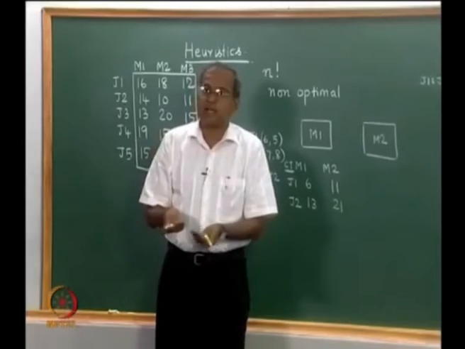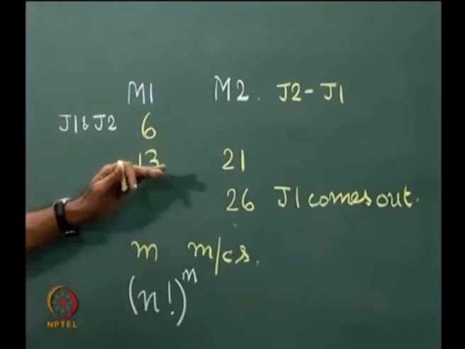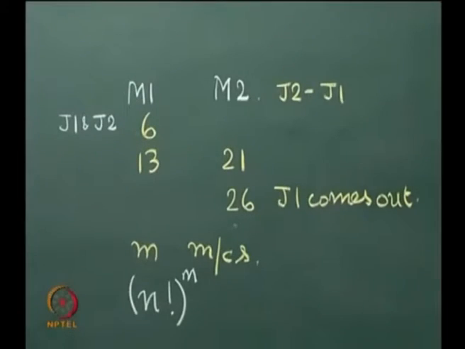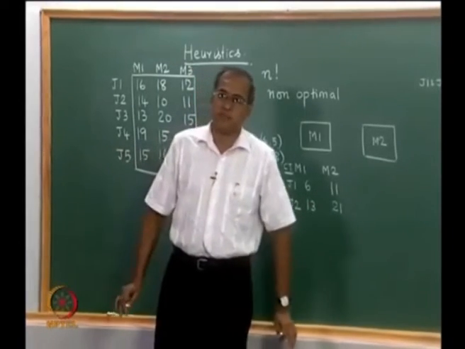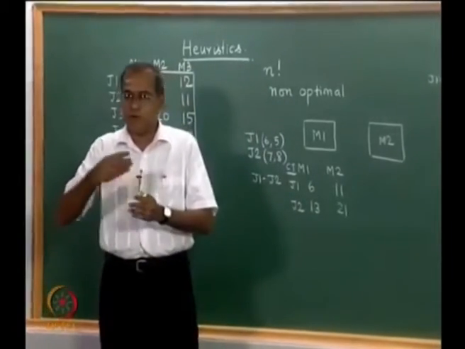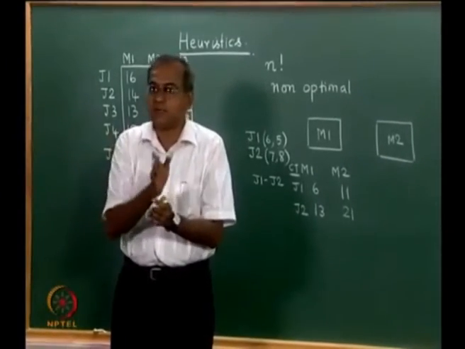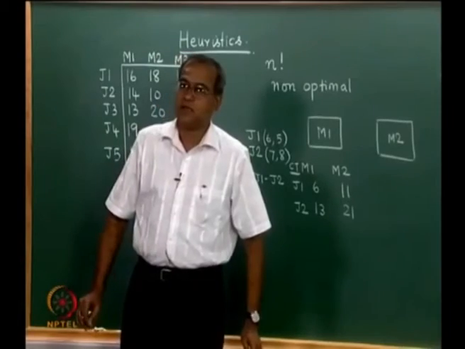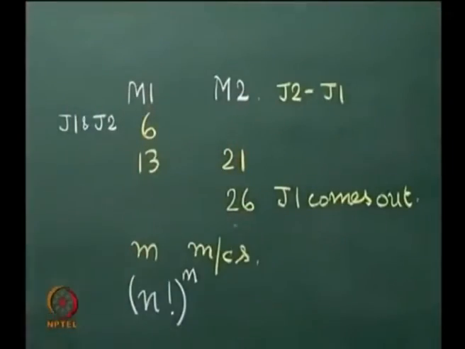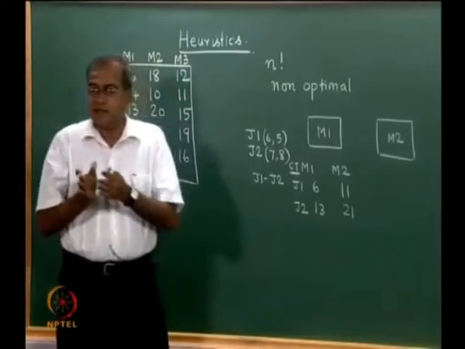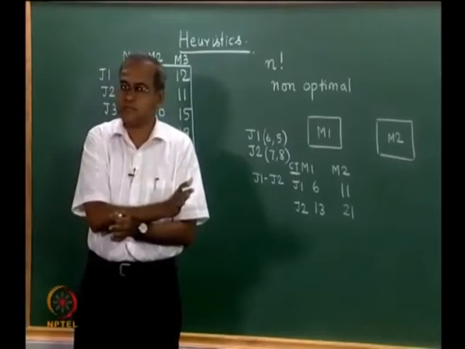If there were a due date related measure, this would perhaps show a higher tardiness than this. So for what are called regular performance measures, where the objective function will increase when completion times increase, it is better not to follow this and to follow this, where the sequence of jobs is the same on all the machines.